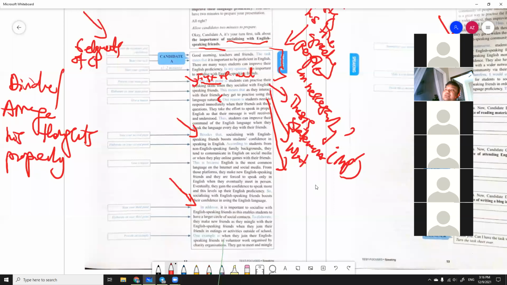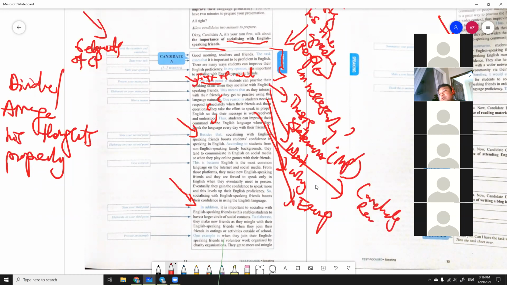Why do you think people need to mingle with English speaking friends? This is because students need to respond immediately when their friends ask questions. This is actually the example of a situation. They take effort to speak in proper English so that the message is well received and understood. This is answering the concluding remarks, or consequences.